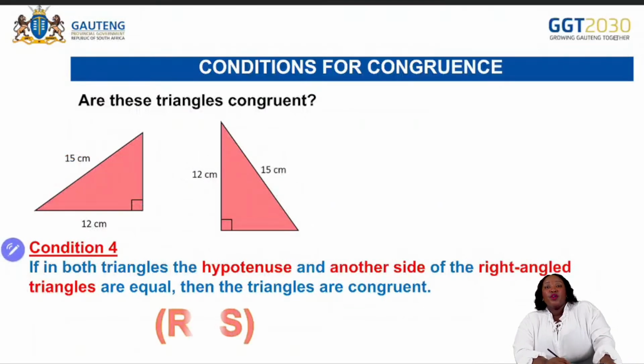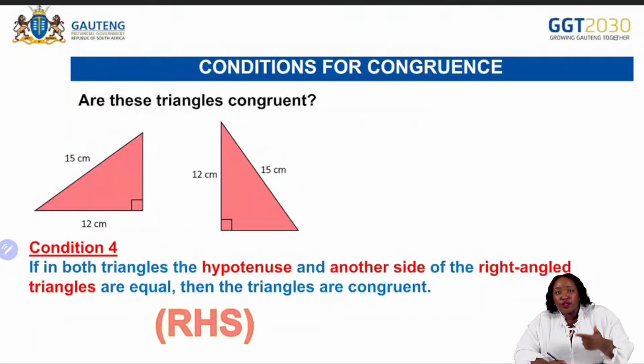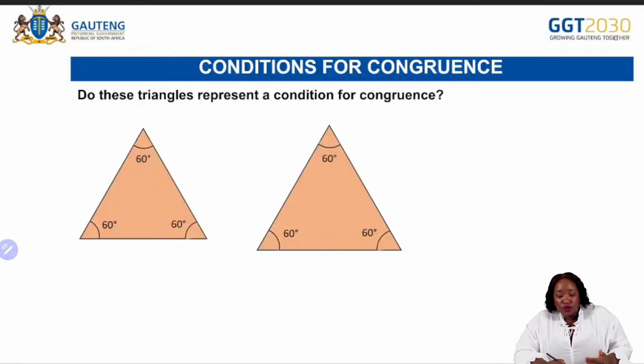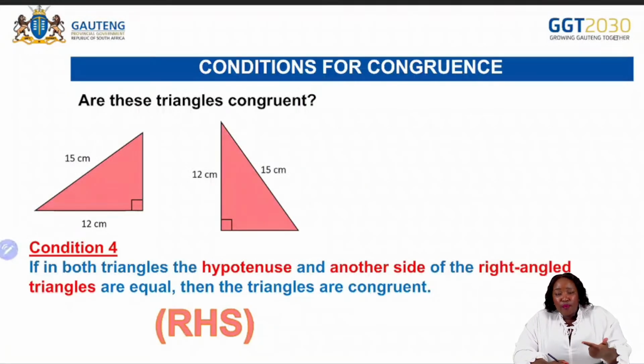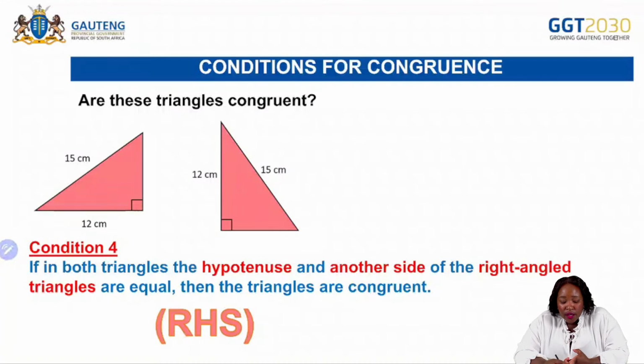But in this case, you cannot use a side angle side. So what do we use? We use right angle hypotenuse side. What do you need to use? Right angle hypotenuse side. You make sure you've got all of those, okay? All right, so you might have the corresponding hypotenuse equal, and the corresponding side that is equal, and also right angles in your triangle, okay?